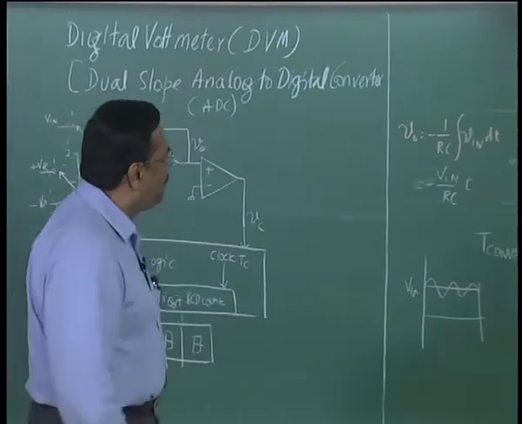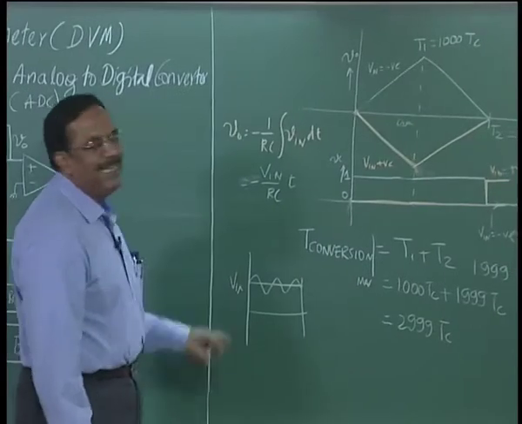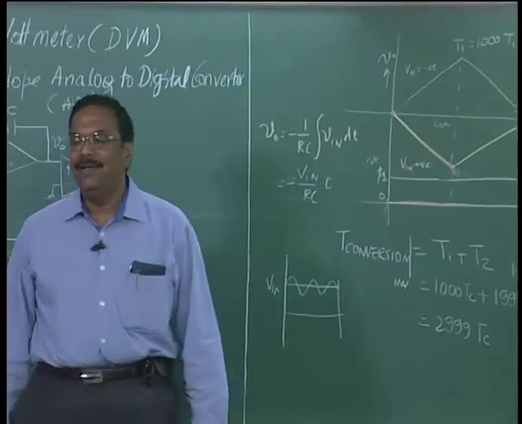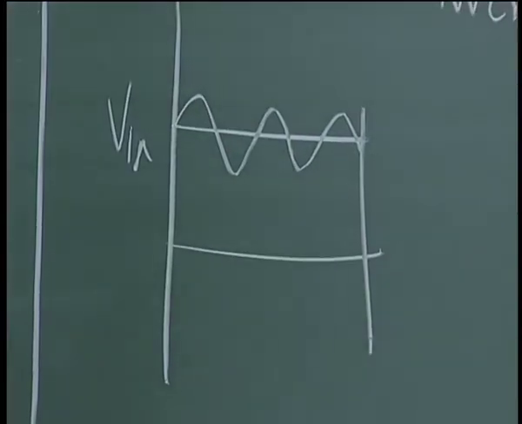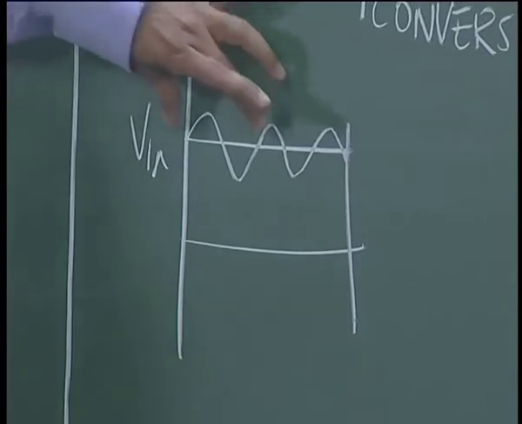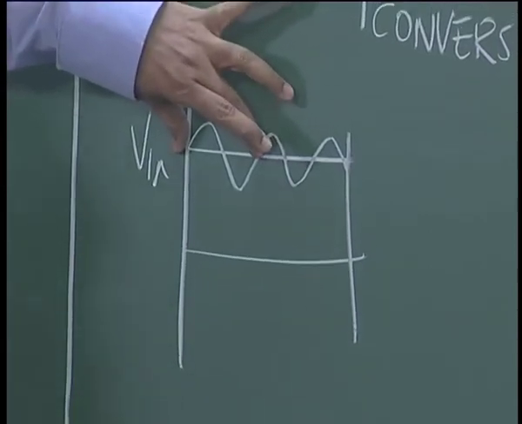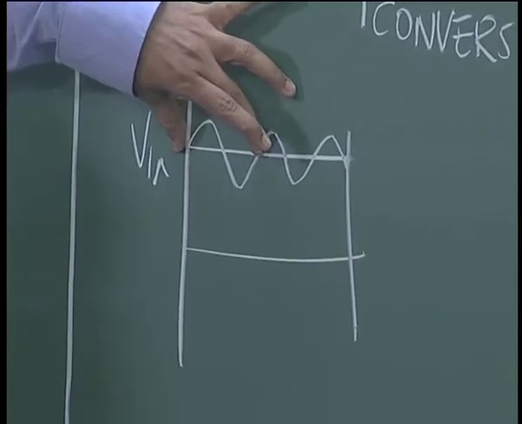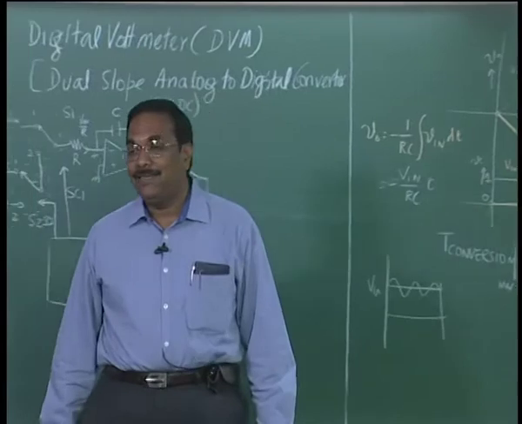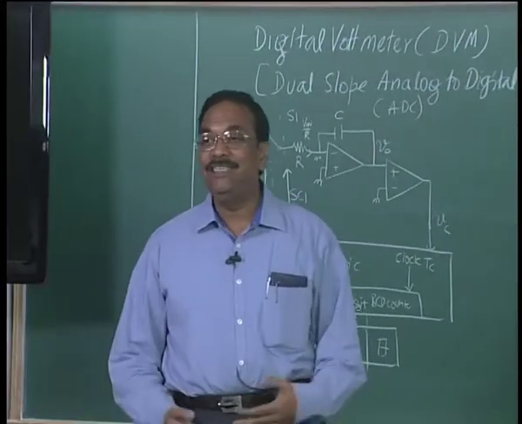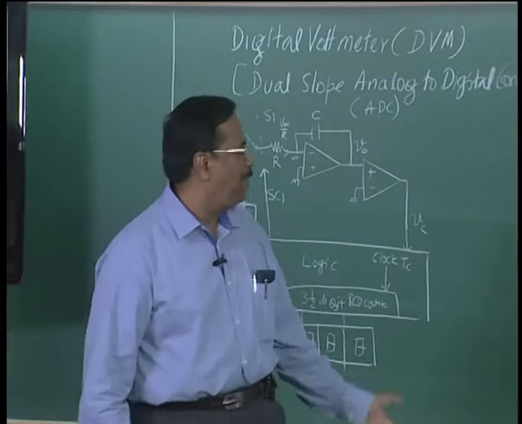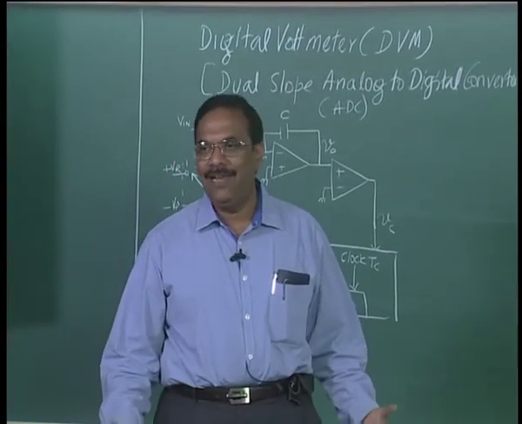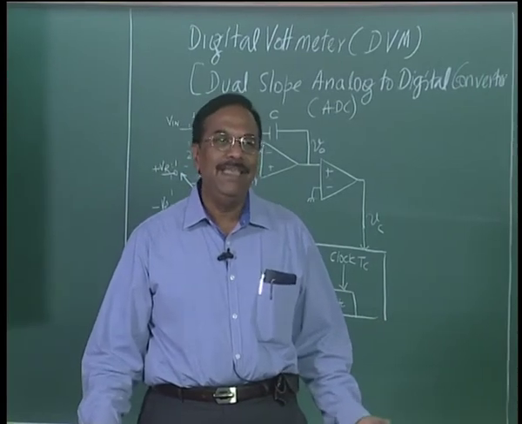So is it possible that because I am integrating, I can make this interference go away? It is possible, because if I integrate a repetitive waveform whose DC value is 0 over one full cycle, what do I get at the output? 0. If for example I integrate a sine wave for one full cycle, I will get 0, because integration gives me the area under the curve.